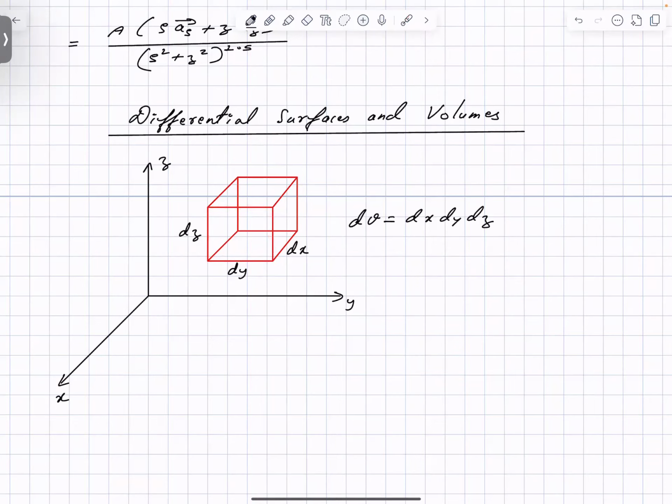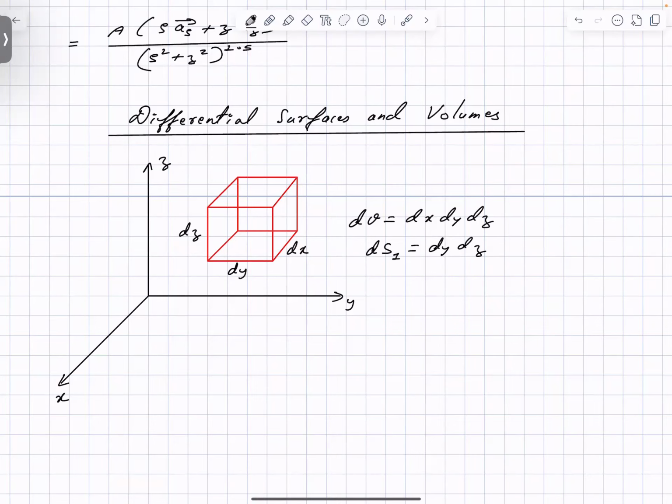So we'll call that surface a differential surface. It's a very small surface. So we write that as ds, and let's call that ds1. So this is an area, and that area is dy times dz. Similarly, the back would also have the area of dy times dz.